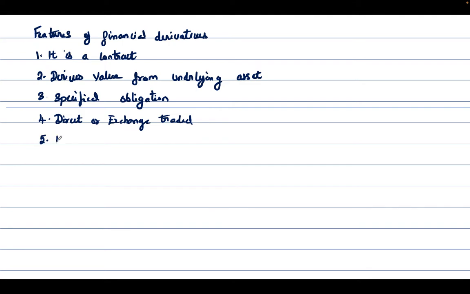Fifth one is related to notional amount. In general, the financial derivatives are carried off balance sheet. The size of the derivatives contract depends upon its notional amount.